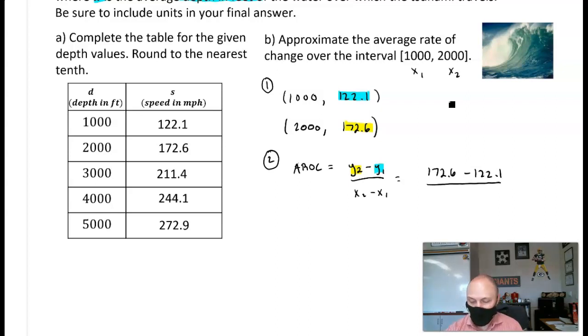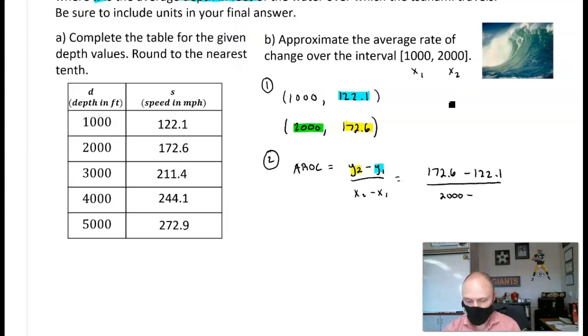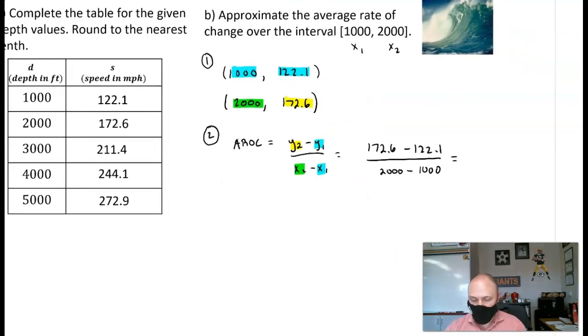Okay, divided by X2, which is 2,000, minus 1,000. So pretty straightforward.